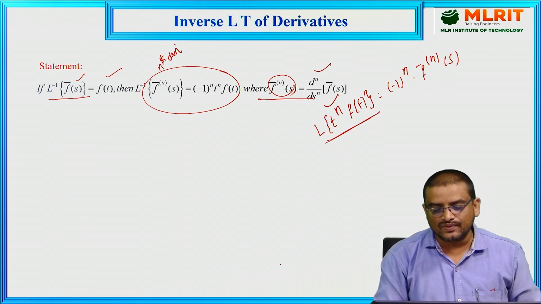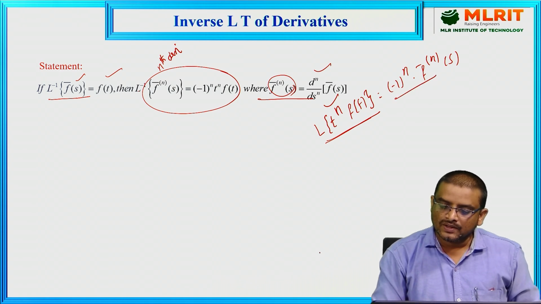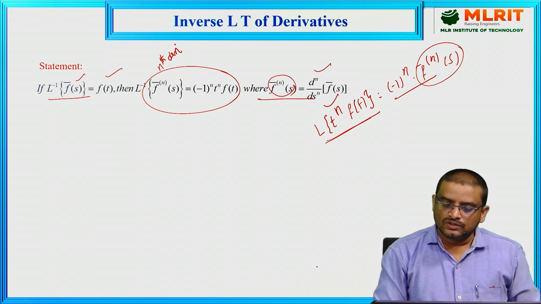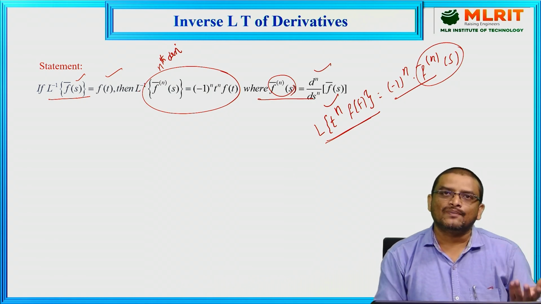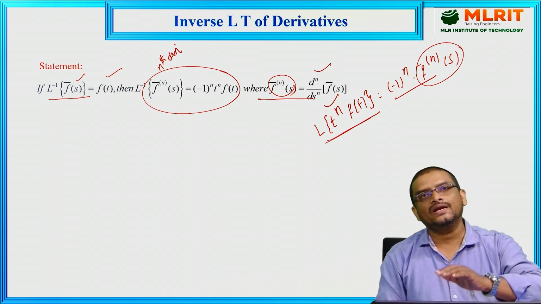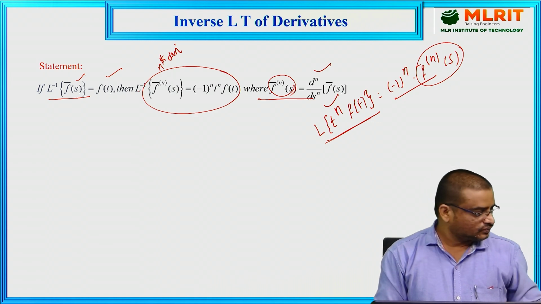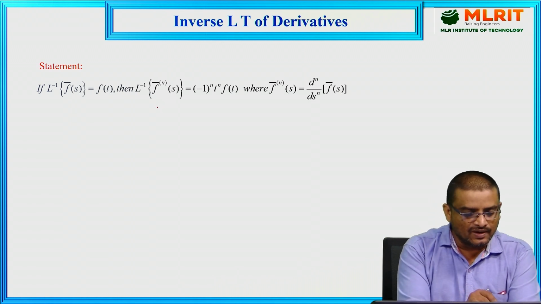This is our formula, minus 1 whole to the power of n into nth derivative of f bar of s. So we can easily identify the formula in the Laplace transform, and by using that formula we can convert it in terms of the inverse Laplace transform formula.